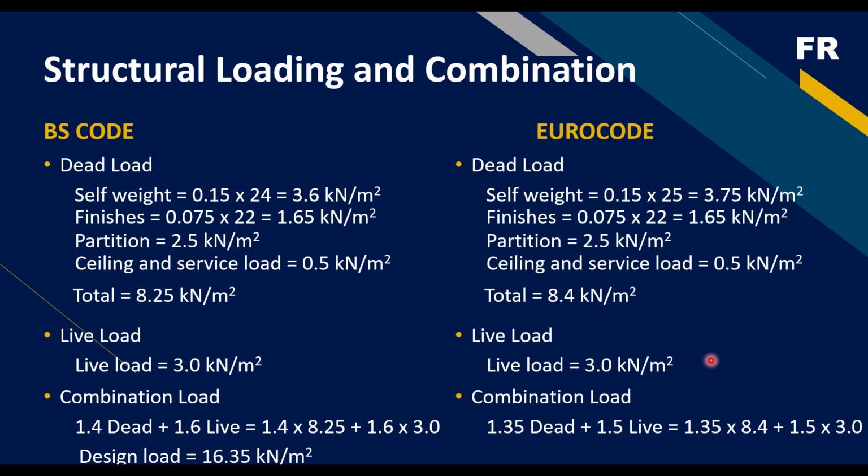So at the end of the day, even though the dead load is slightly more because of the increase in the density of reinforced concrete, based on the factor that we have to apply for the combination, the design load is slightly smaller compared to the BS code. So the design load for the Eurocode is 15.84 kilonewton per meter squared.